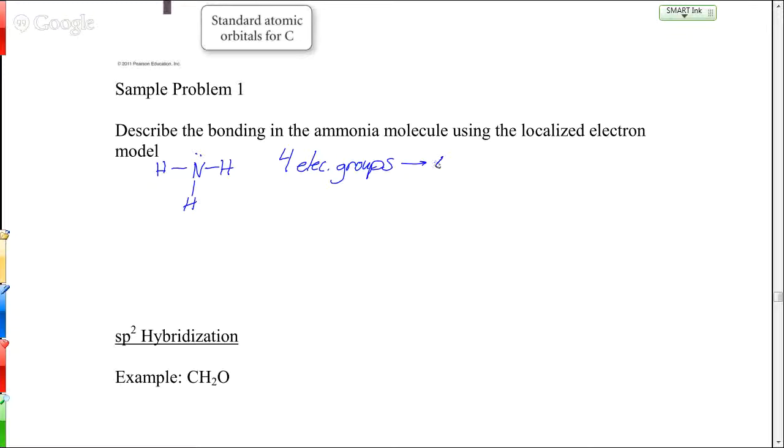And that tells us that it's going to be tetrahedral bond angles. So this kind of a shape.